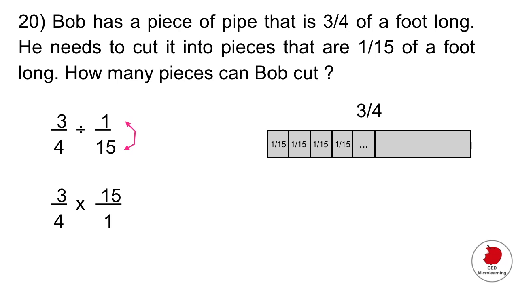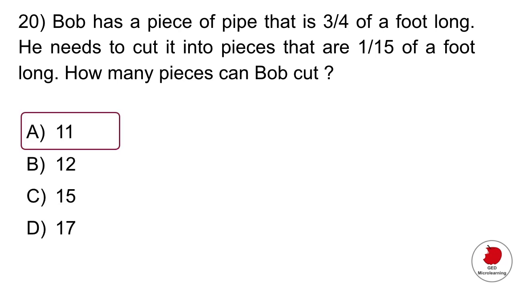Because remember that in multiplying fractions, you only have to multiply straight across. So 3 times 15 is 45, and 4 times 1 is 4. If you divide that, you end up with 11.25. So he can basically cut the piece of pipe into 11 pieces, and then he'll have a little bit of pipe left over.